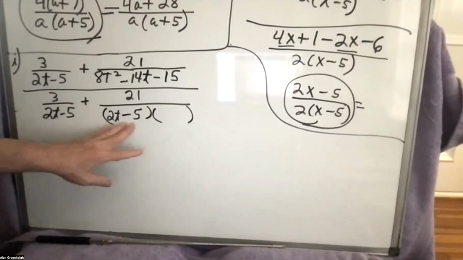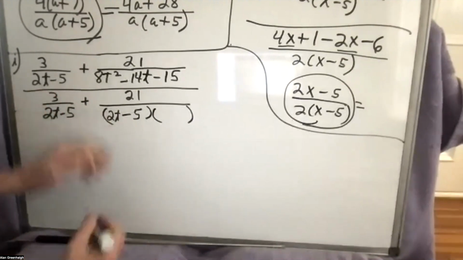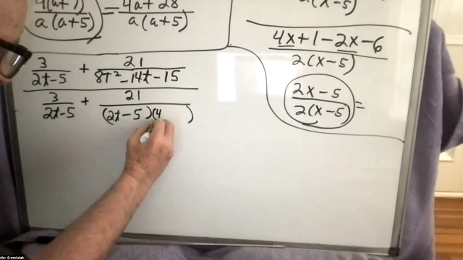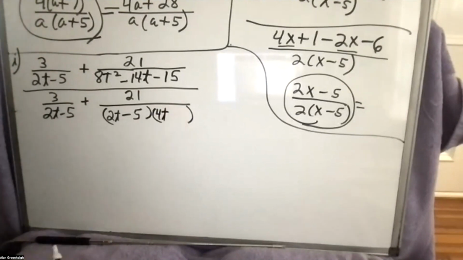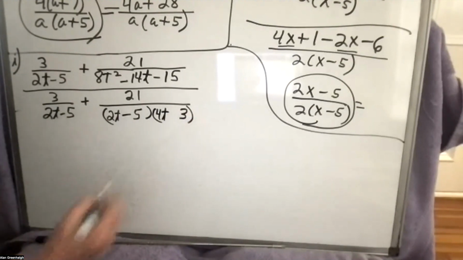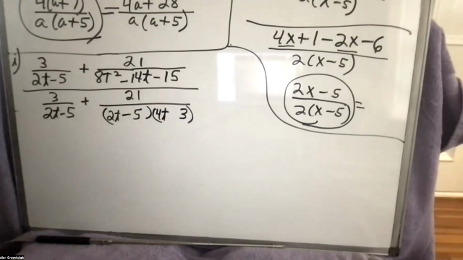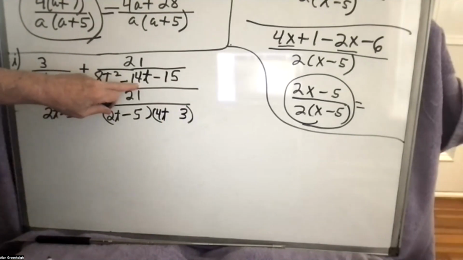That's the reason I put that there, because there was this factor there, and this worked okay. Now, all you have left is a 4t, and this must be a 3, because 5 times 3 would give you 15. Now, let's see if that gives you the negative 14.